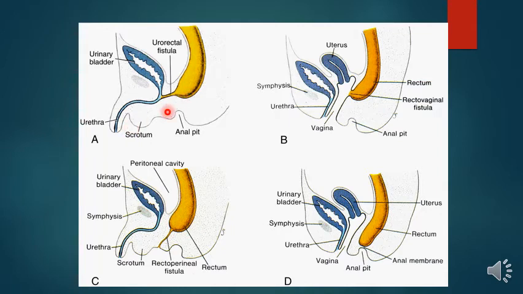If the closure of the cloacal duct hasn't occurred, if there is any deformity in the formation of the urorectal septum, then we are going to come across these fistulas. One is the rectovesical fistula. Here, this is the rectum and this is the urinary bladder. So this is a rectovesical fistula.